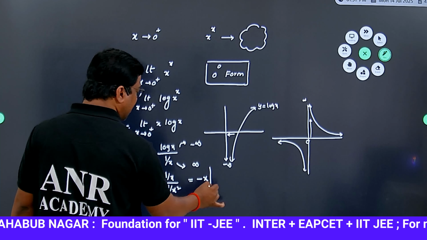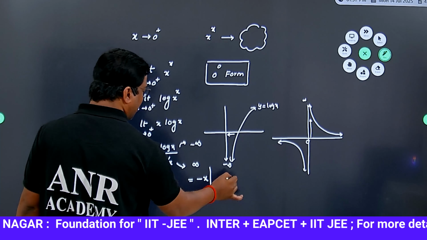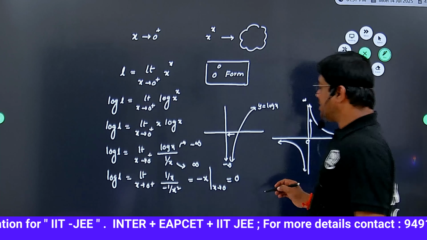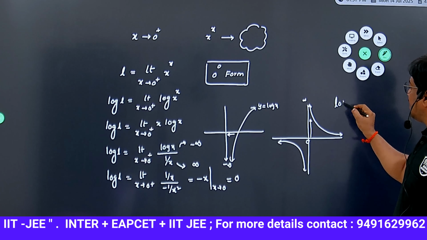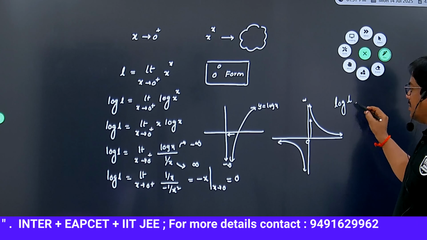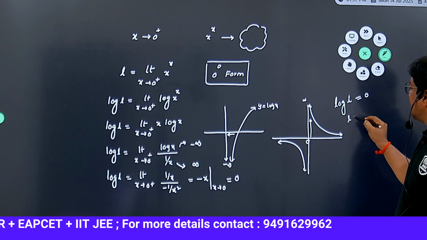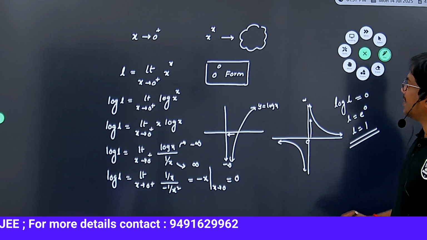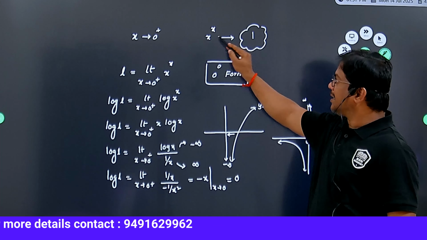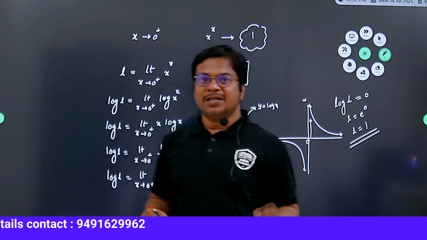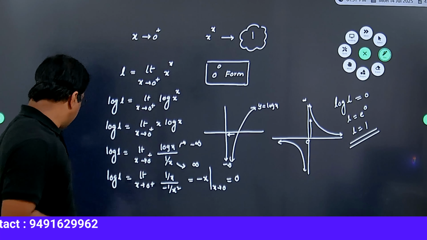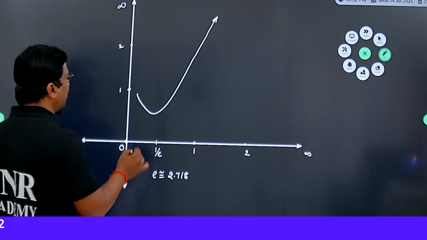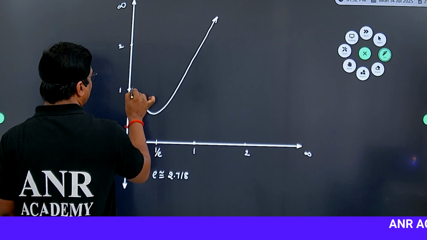Applying x tends to 0, it approaches 0. Log L is 0. Since the value of log L is 0, this implies L equal to e power 0, so the limit value becomes 1. So here the graph y equal to x power x approaches 1 as x tends to 0 plus.